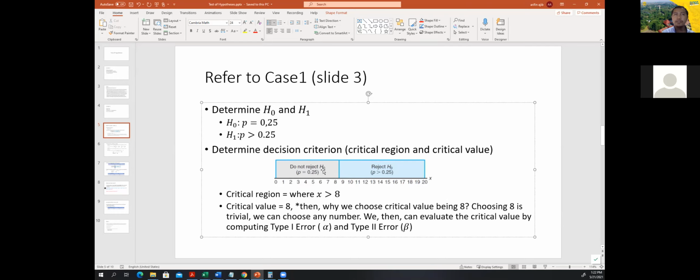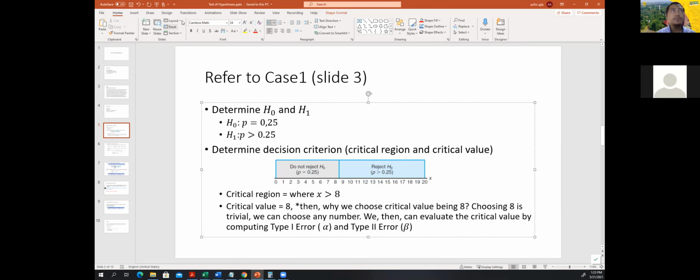Let's say the silver color and the blue color. The silver color is the region where we do not reject the null hypothesis, and the blue area is where we reject the null hypothesis.